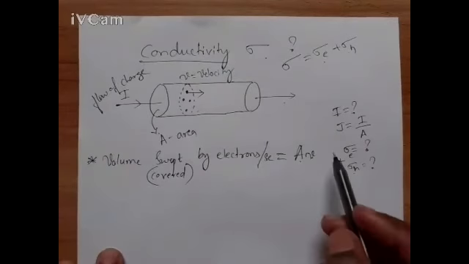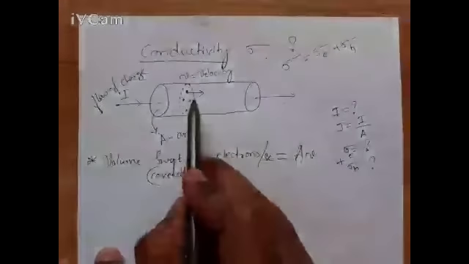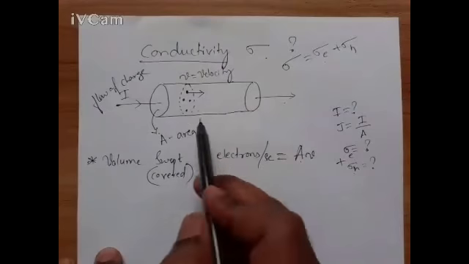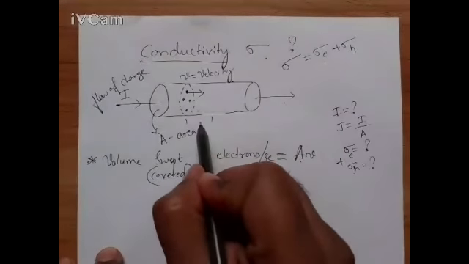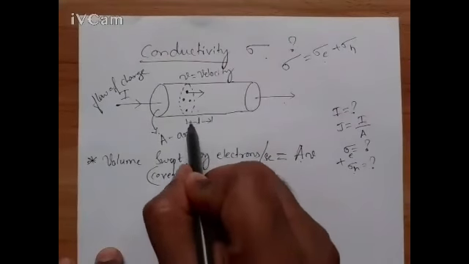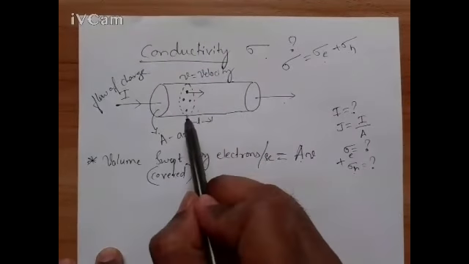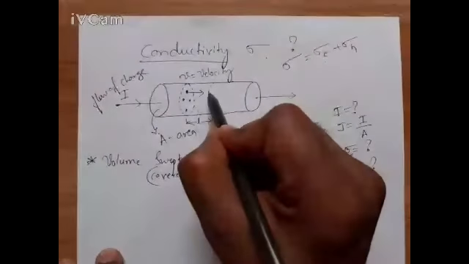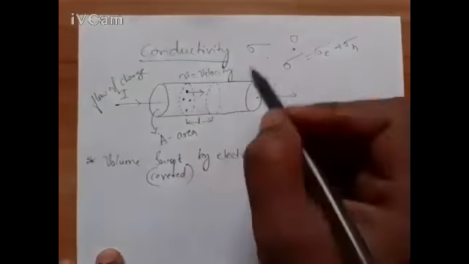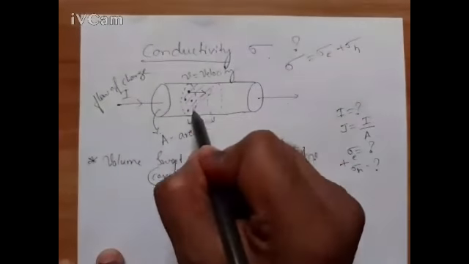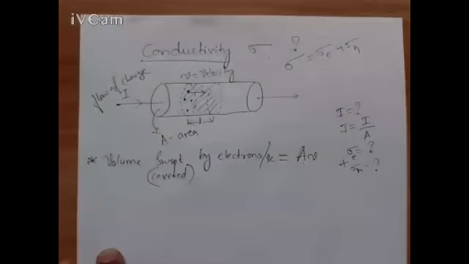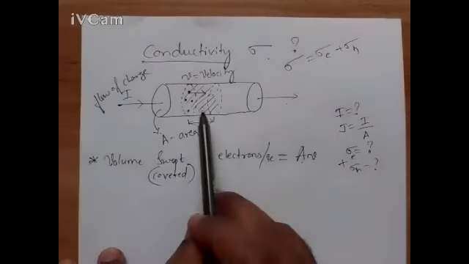Let us say these are the four electrons which are moving in this direction, covering some distance L. Earlier it was here, then it moves till here. So it has covered some volume, right? This much volume it has covered.